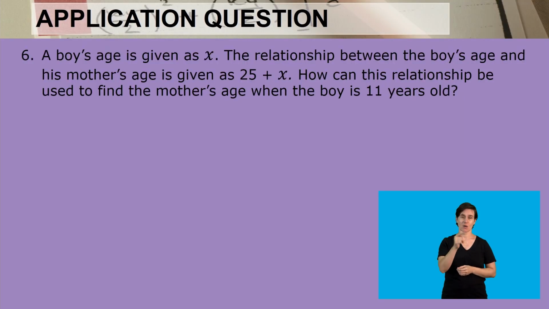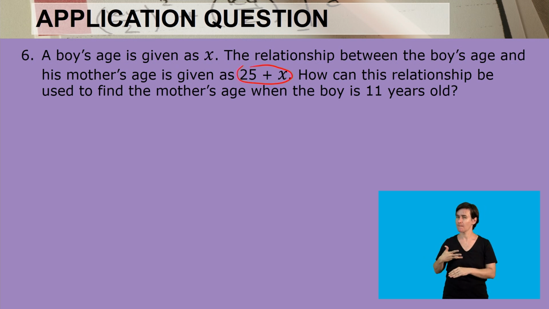The question says, a boy's age is given as X. The relationship between the boy's age and his mother's age is given as 25 plus X. How can this relationship be used to find the mother's age when the boy is 11 years old?